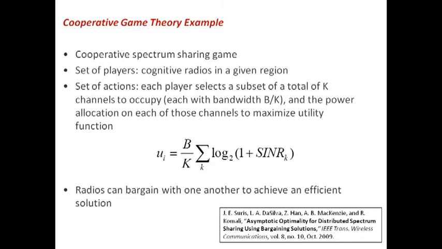So you have a large band that you can split into subbands, and a set of users need to select, each radio needs to select the subbands, how many subbands and which subbands that it wants to occupy. And again, it's going to try to maximize some utility, which is the sum over all the subbands that it selects for itself of some capacity type of expression.